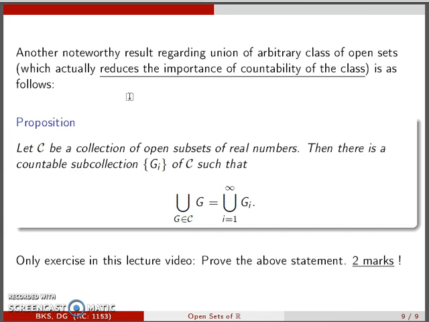And this says that C is any collection of open subsets, and in fact this collection is somehow similar to some arbitrary countable subcollection Gi. Think hard. See you soon.